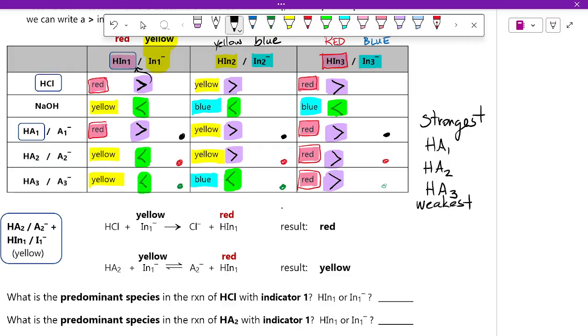Could you list the indicators from strongest to weakest? Indicator 1, indicator 2, indicator 3. Which one is the strongest? Which one is the weakest? Now you're looking at the columns.